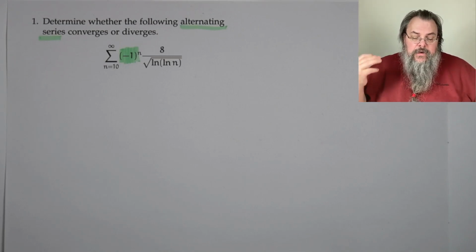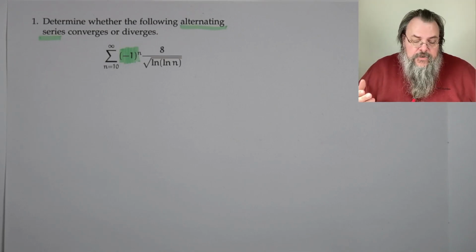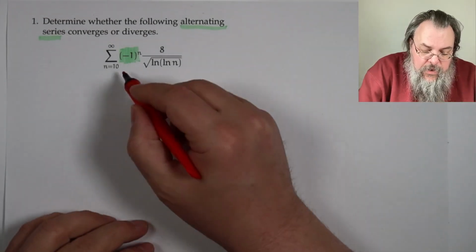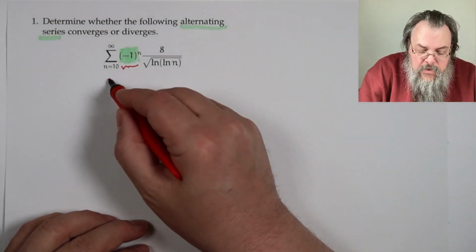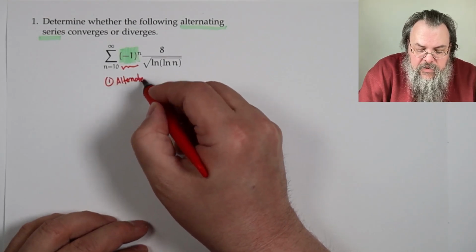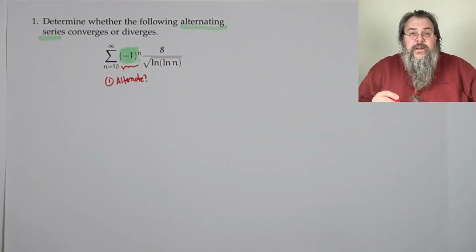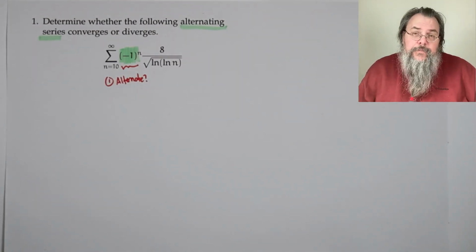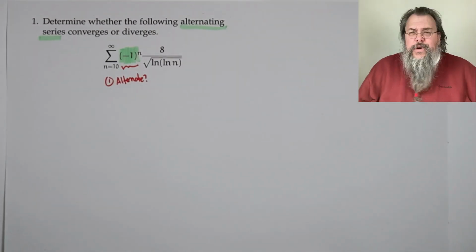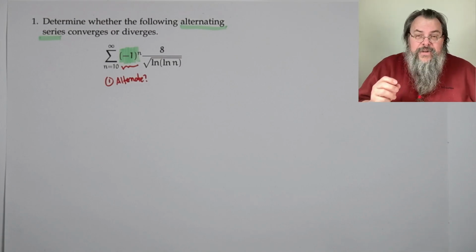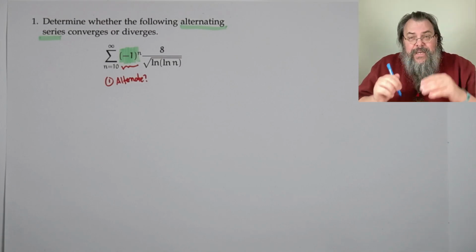Now, we need to figure out, does this converge or diverge? So there's two conditions. Number one, does it alternate? We're already told it alternates, but we can see that plus minus 1. Sometimes they'll do something sneaky and make it look like an alternating series when it's really not, like having 2 plus minus 1s that somehow cancel. So be careful.